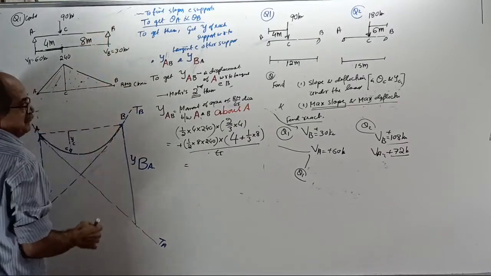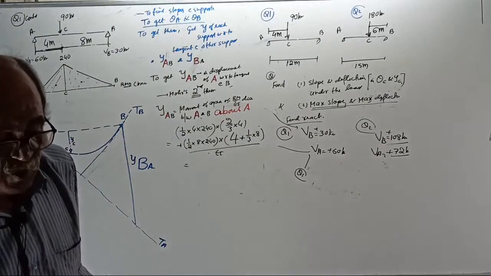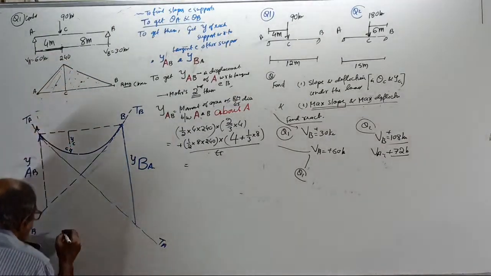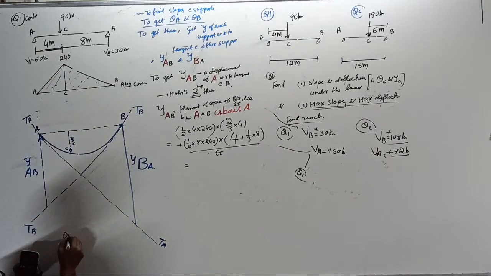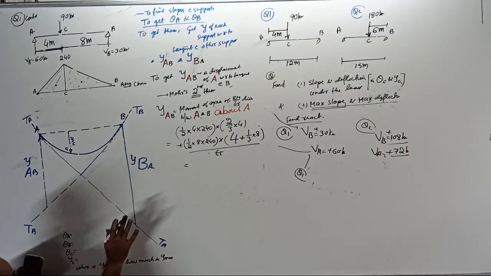How much theta A should come, how much theta B should come, how much theta under load should come, how much YC should come, where is Y maximum, and how much is Y maximum. Okay, you get the answer.